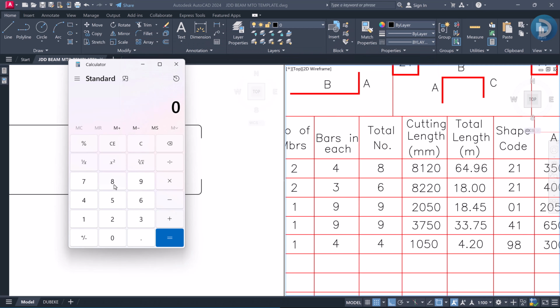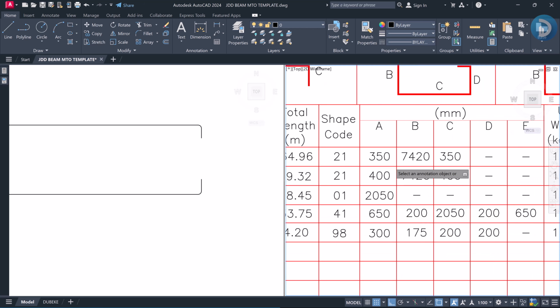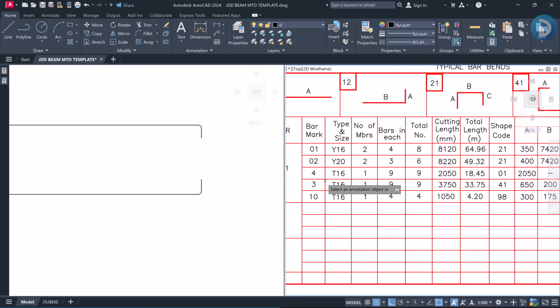Multiplying 8.22 by the total numbers, which is 6, gives us 49.32 as the total length, right? So we can take this total length to be 49.32. Okay, so we've completed bar marks 01 and 02, and let's quickly move on to bar mark 03.